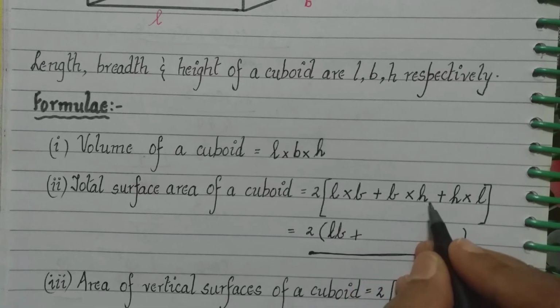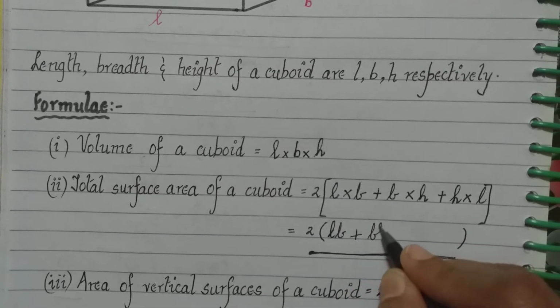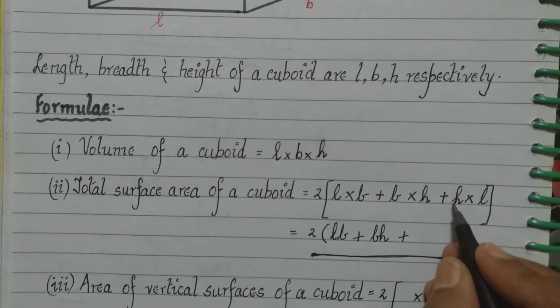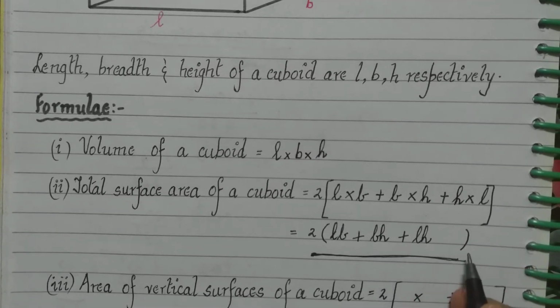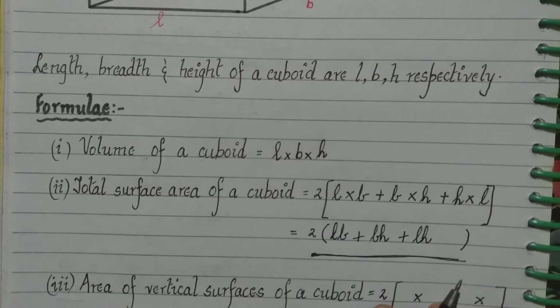When I multiply B into H, it becomes BH. And when I multiply H into L, it becomes LH or HL. Okay, so this is the total surface area of a cuboid.